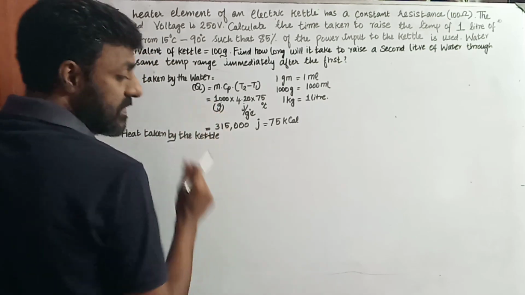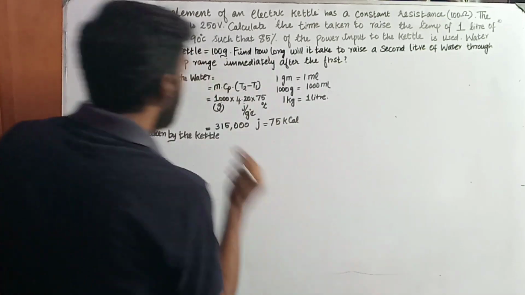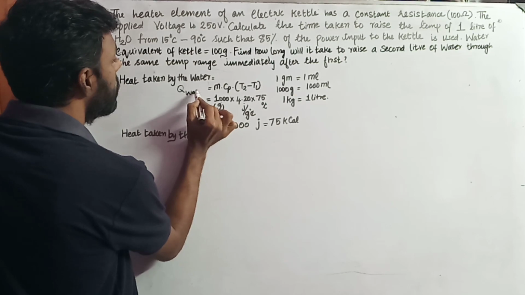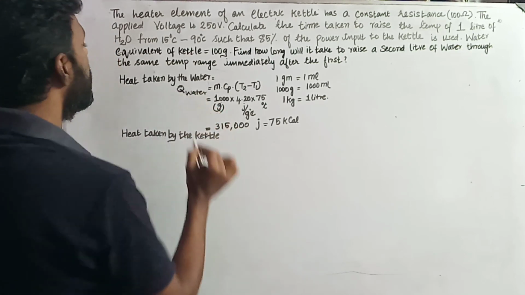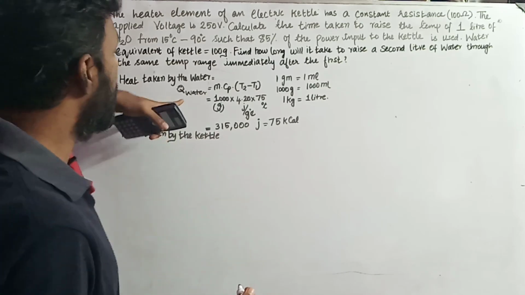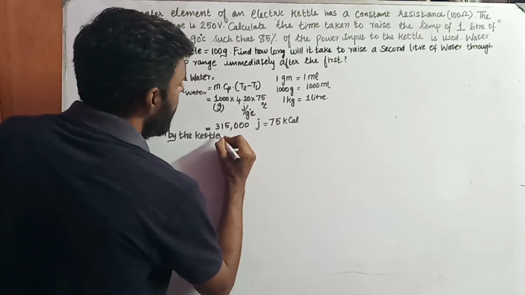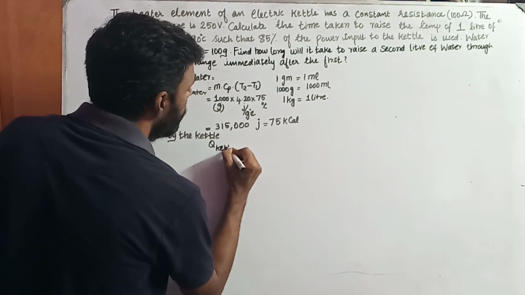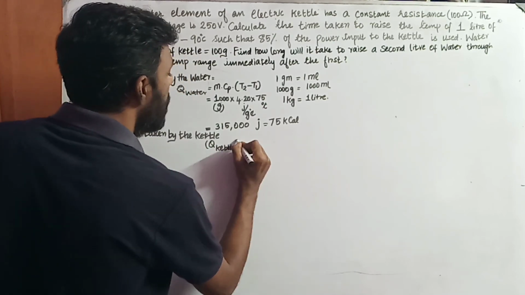Let us assume that this is Q water, instead of just Q. Q water is nothing but the heat taken by water. So we'll represent it by Q water. So heat taken by kettle, let us assume it as Q kettle. This is Q kettle.